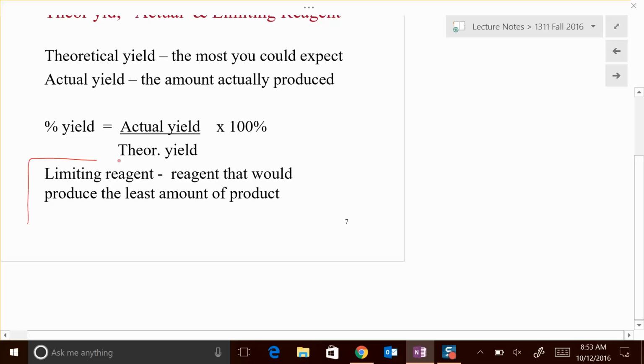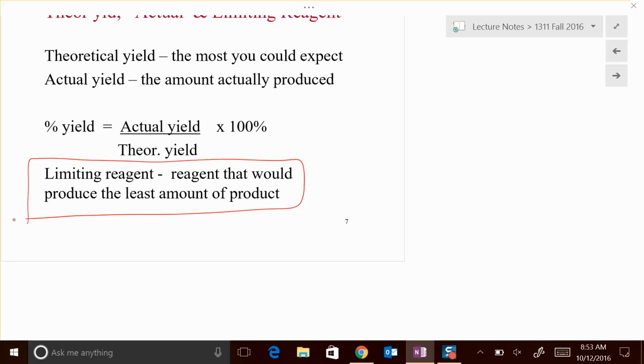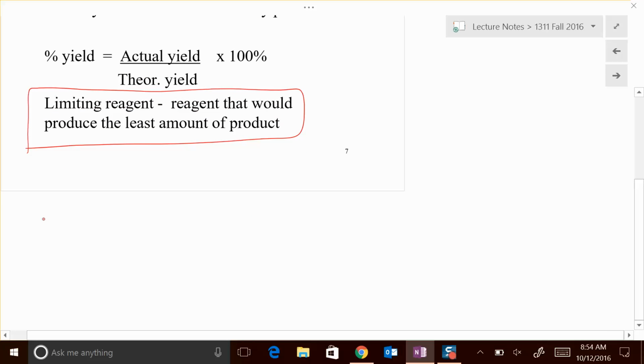So when we're calculating a theoretical yield, there is one thing that we have to take into consideration. That is a limiting reagent. Okay? So let's take the water equation. It produces 2 waters. Okay?